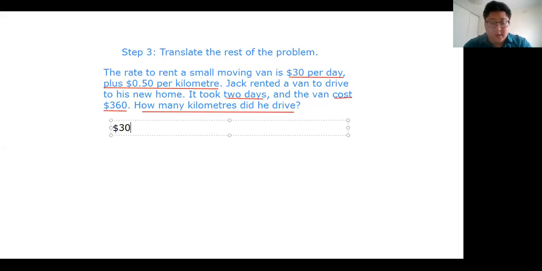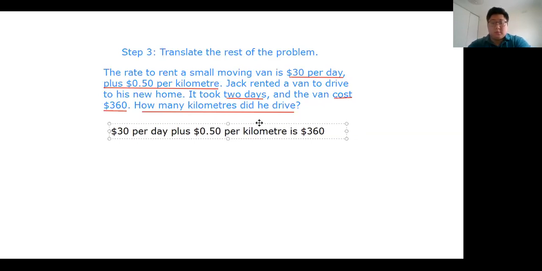So I'm going to write down $30 per day plus, what is it, 50 cents or $0.5 per kilometer. And the total cost is $360. Okay, so that's that.